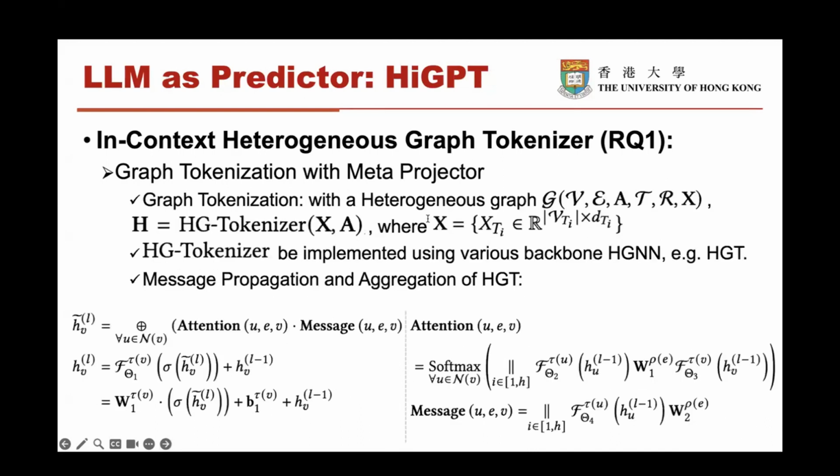And in particular, the message passing and aggregation of HGT is shown in this figure. We can observe that the message passing and the aggregating process are node and edge type specific, which means every node and edge type in the heterogeneous graphs learns a set of parameters, such as the node and edge type specific parameters.